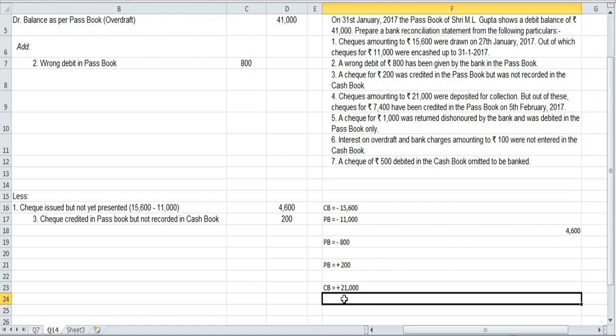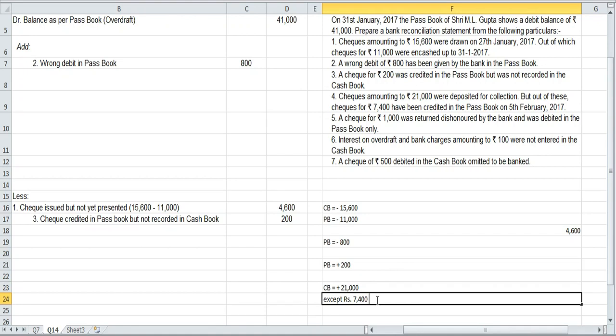That means all the checks were deposited except the check for rupees 7400.